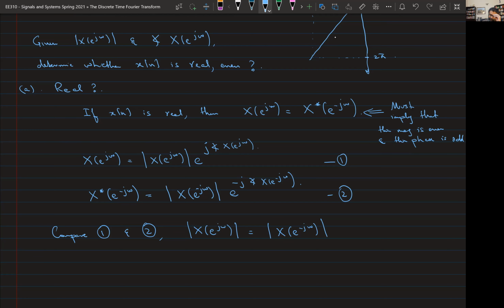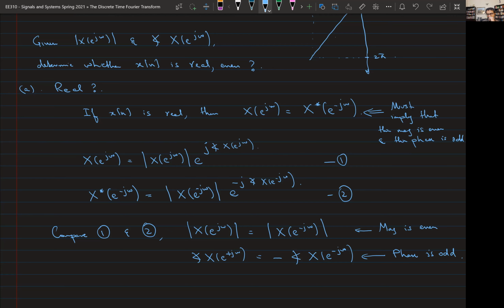And the second property is that the phase of X(e^{-jω}) must be equal to the minus of the phase of X(e^{jω}), right? And this means the magnitude is even, and this means the phase is odd, right?